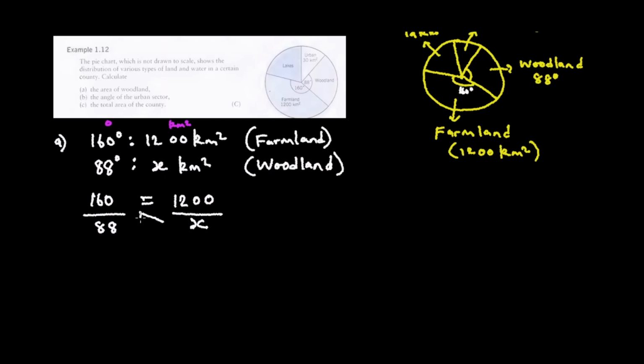Saka tikashandisa cross multiplication like this, tinoona kuti x eventually anova equal to 88 anoenda kuno multiplier 1200 to divide na 160. When we do this, what do we get? So I'm going to my calculator, then dotichi 1200 over 160, making sure kuti ndiri ku calculator ndiri multiply 1200 na 88.